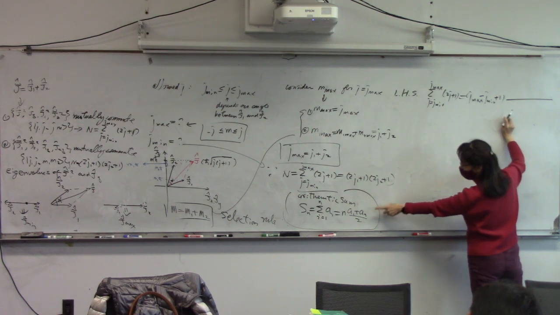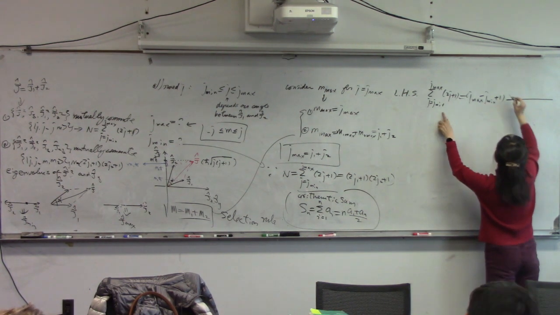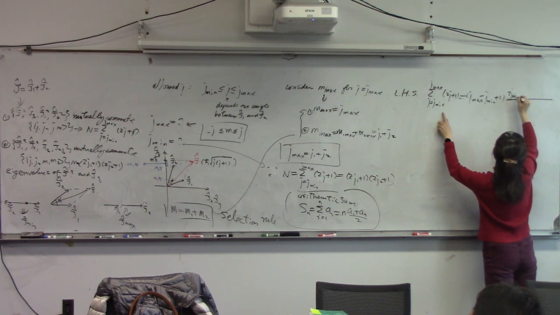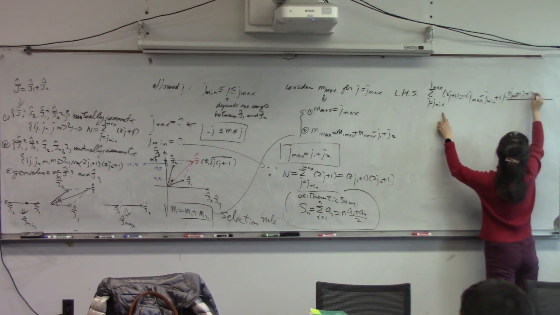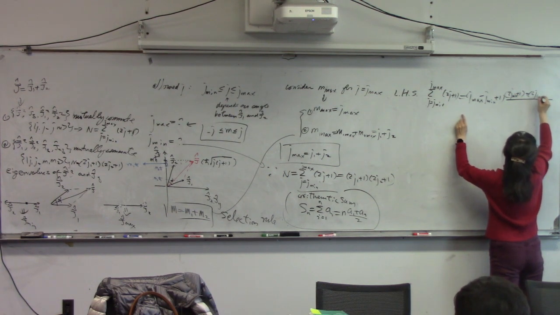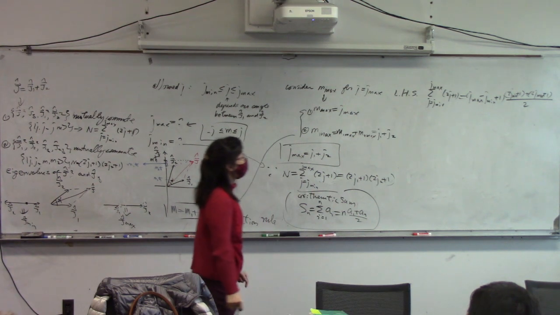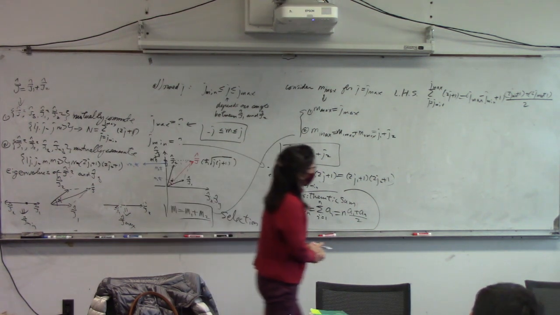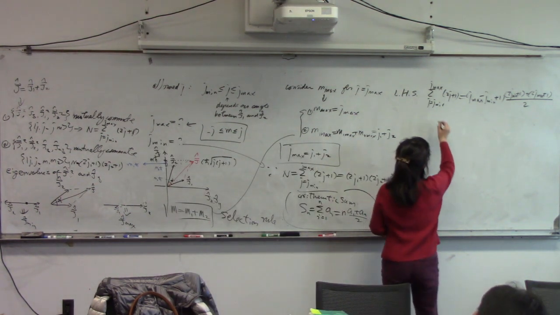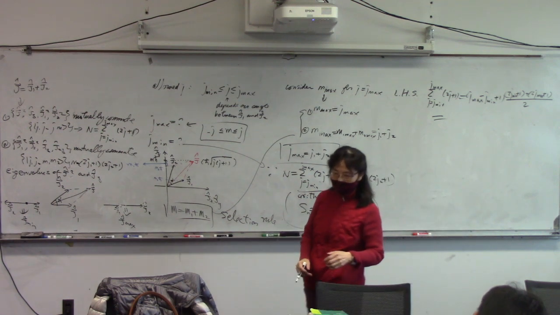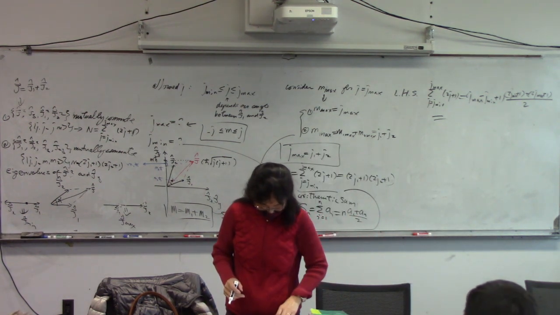The first term a1 corresponds to 2J minimum plus 1. The last term is 2J maximum plus 1. Okay, and so this is simply math. So now I'll just give you the result.